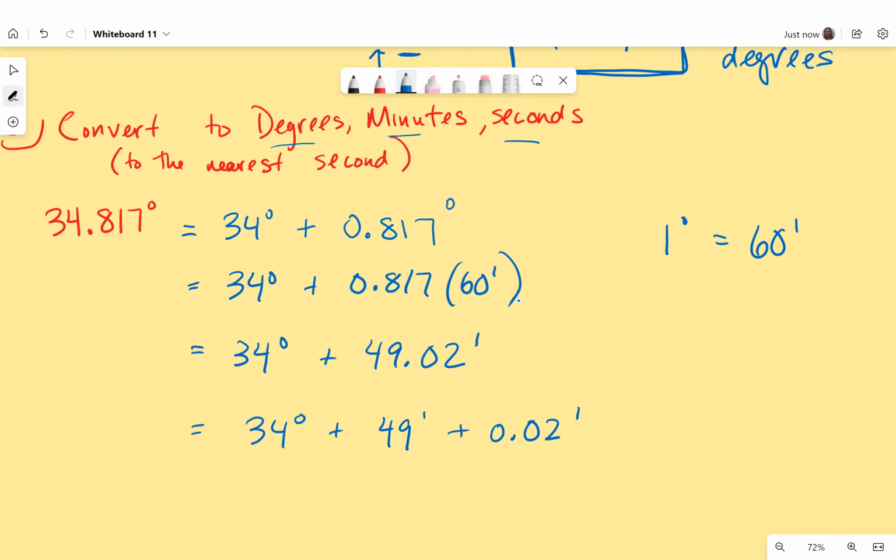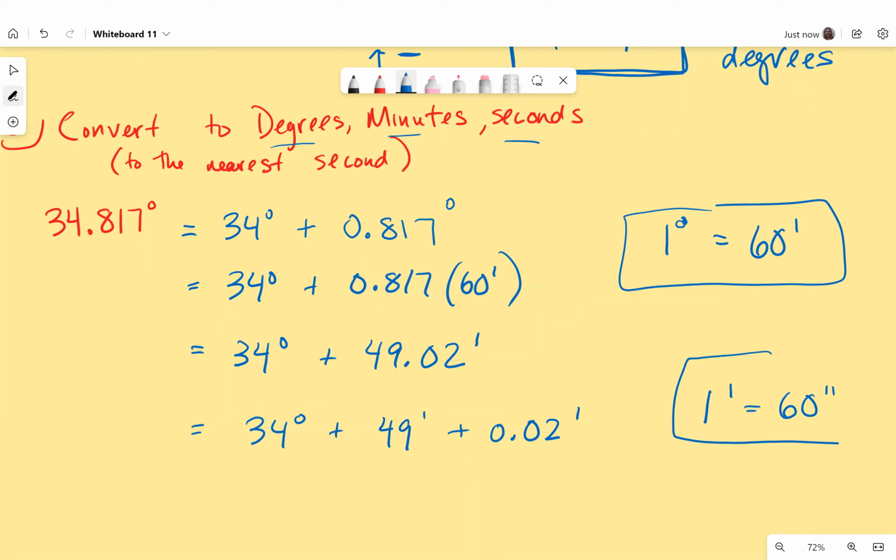And now I just need to change this last minutes, the 0.02, into seconds. And remember, we had 1 minute equaled 60 seconds. So this was a degree up there. Here are the two conversions we use when we're going in this direction.